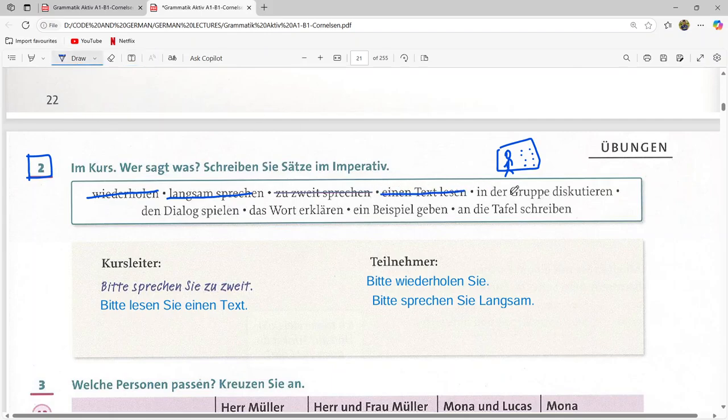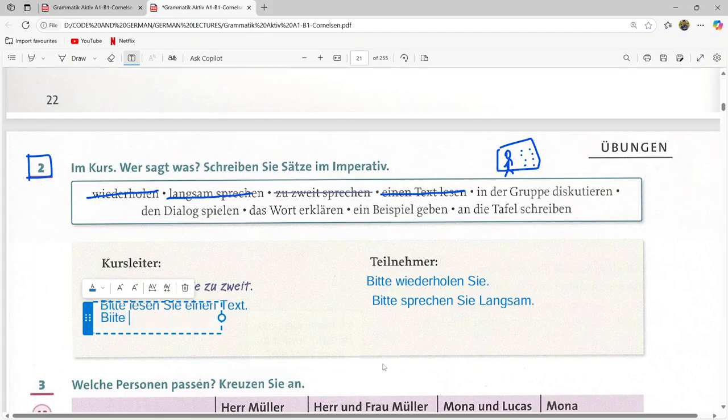Next one, in der Gruppe diskutieren means discuss in a group. So discuss in a group, who usually says that? The teacher. So how can I write this sentence in imperative form?